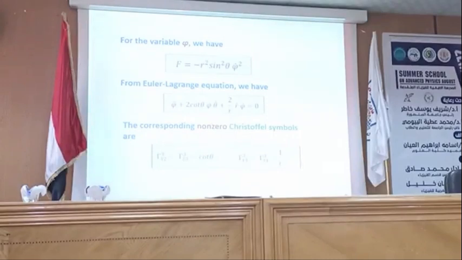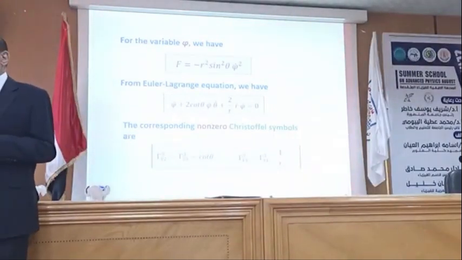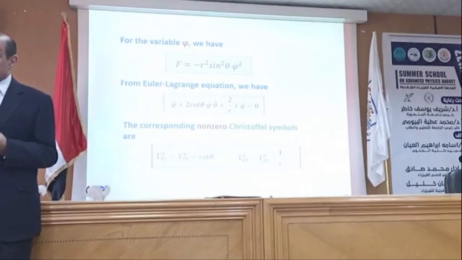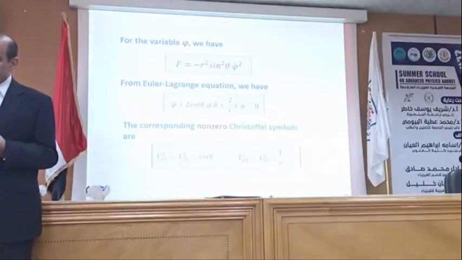So in fact, the 40 Christoffel symbols are not all appearing in my equation. Using this technique, I am able to identify which Christoffel symbols are not equal to 0.